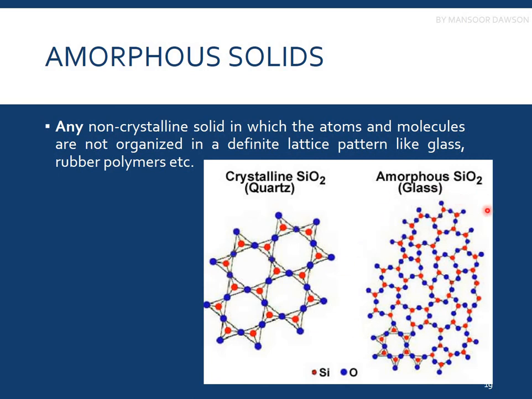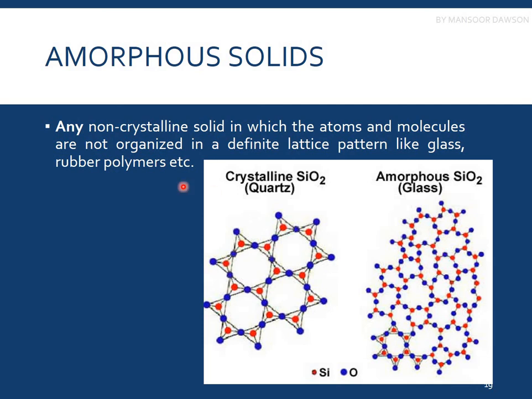Actually, you can see that there is no particular arrangement of these silicon and oxygen atoms, and these small chains are not in a longer order, as you can see over here that the order is being followed. But here in the amorphous solid, the amorphous silicon dioxide or silica, the pattern is not being followed.